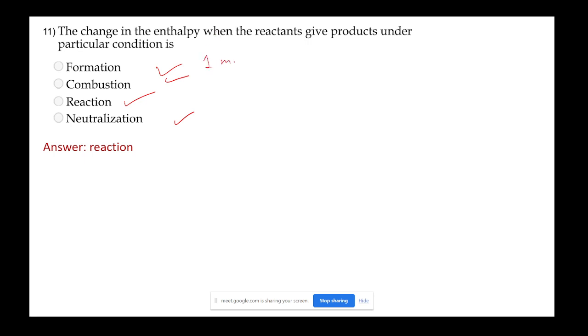Like 1 mole of product should be formed, or 1 mole of fuel, say CxHy, is combusted in excess air. Such conditions are not there, so for any given condition, it is nothing but the heat of reaction.